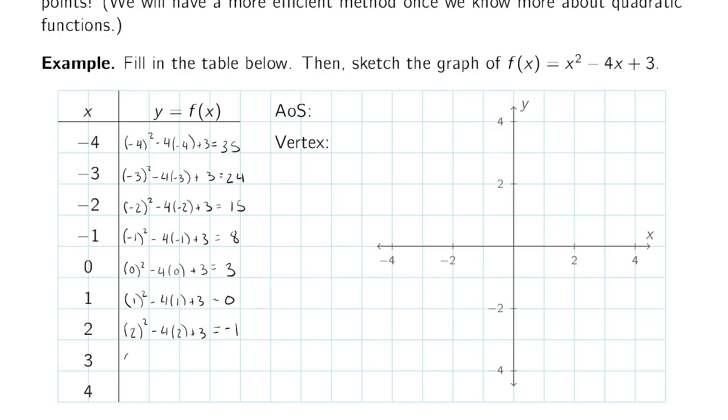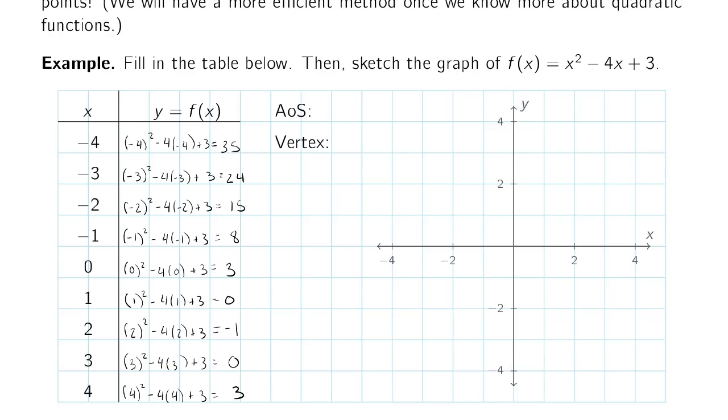When x is 3, we'll have 3 squared minus 4 times 3 plus 3. Oh, that's 0 again. When x is 4, we'll have 4 squared minus 4 times 4 plus 3, which works out to 3.